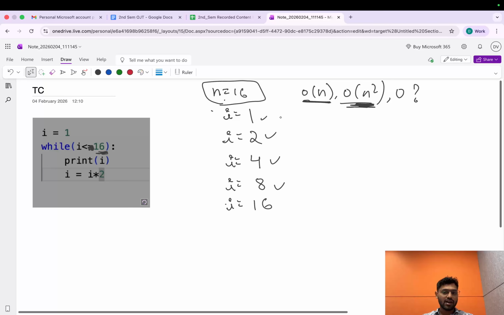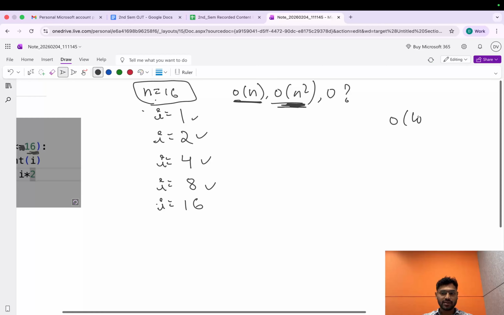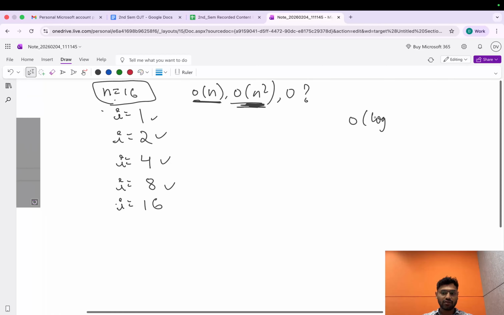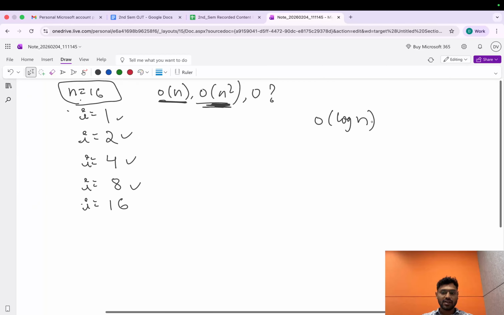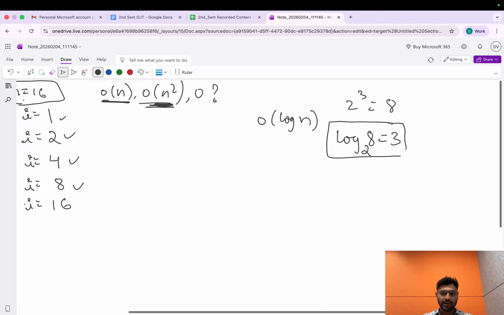See, I'll tell you exactly. It will run big O of log n times. You know the definition of log, right? See, 2 power 3 equals 8. We all know this. And log 8 to the base 2 equals 3. This is the definition of log mathematically.